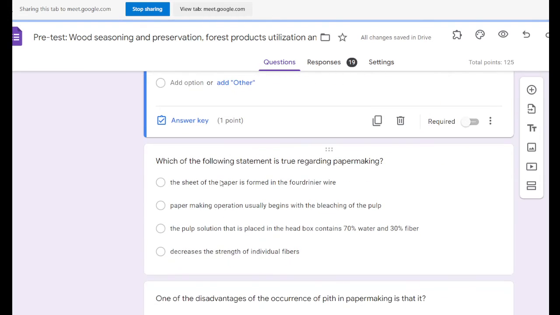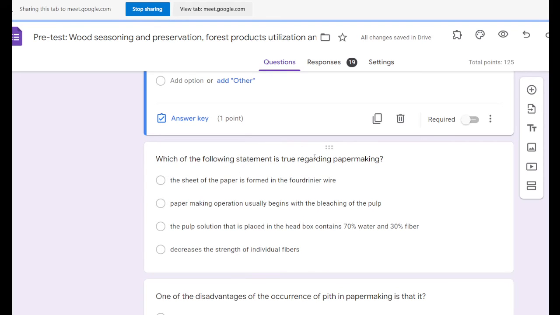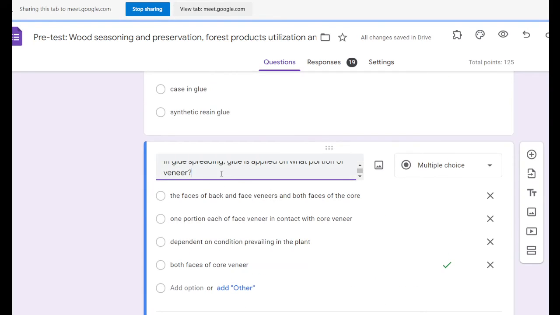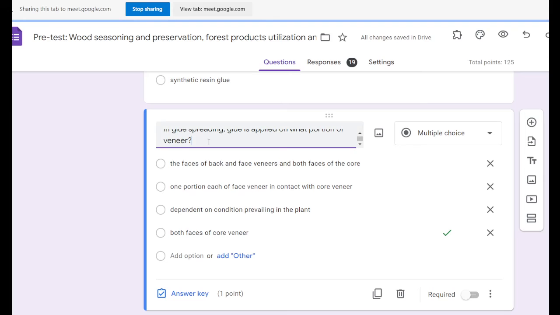Next, which of the following statements is true regarding paper making? Evaluate lang nato ang others para basig maka-encounter mo again ani nga question. So, nganong wrong ni? Okay? The faces of back and face veneers and both faces of the core veneer. This is wrong because dili ni mobutang nga glue ang both faces and back of face veneer.